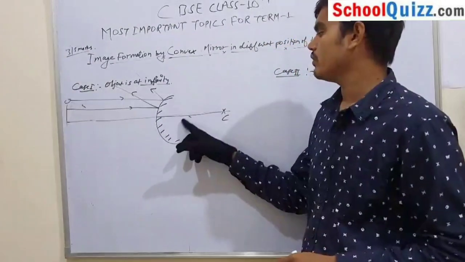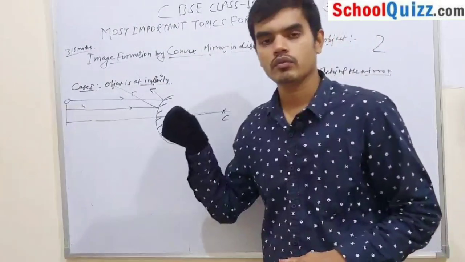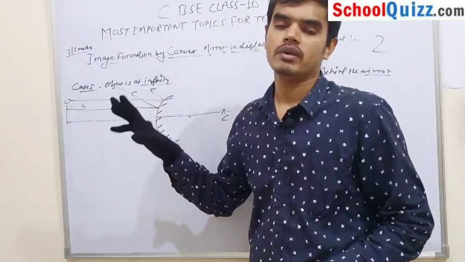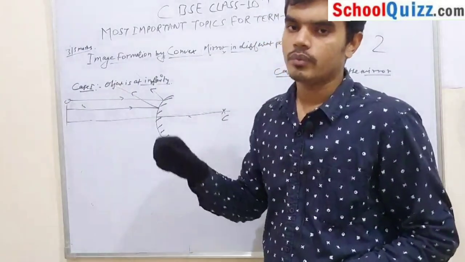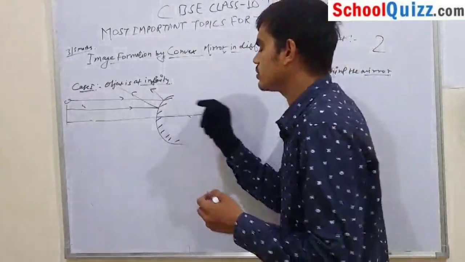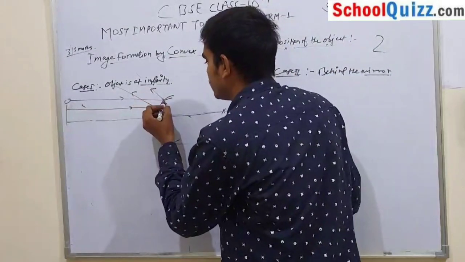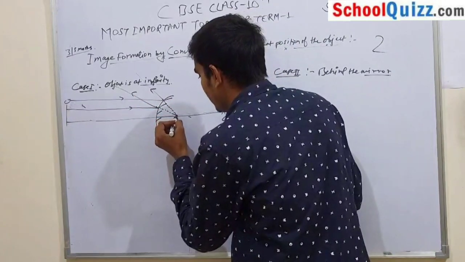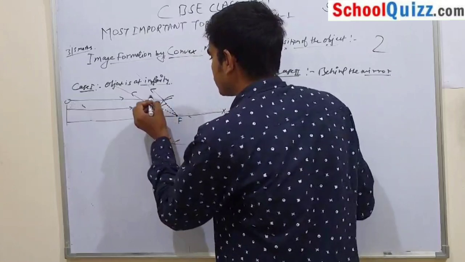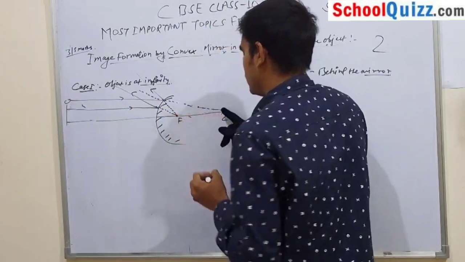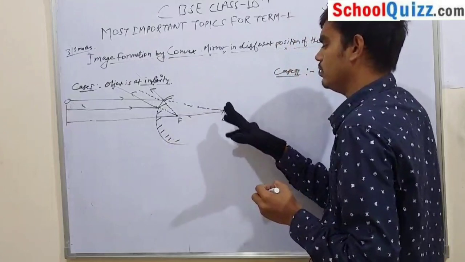Now these two rays never meet, so an image will never be formed in the real world, but these two rays appear to meet in the virtual world. If you extend these rays backward, they will meet, and this point is called the focus. Draw a normal line which meets at the center of curvature.